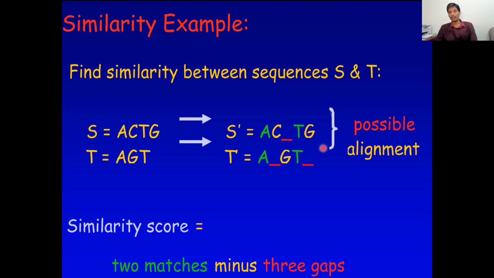So plus four minus three is going to be one. Total score is going to be one. So the match and mismatch values are not always plus one and minus one. It will change based on the algorithm and the alignment method we use.